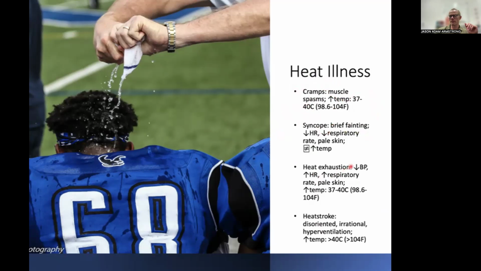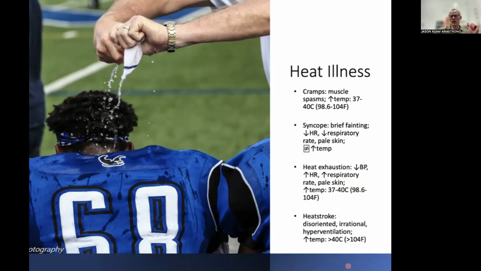Syncope is just a brief fainting episode, might be just severe lightheadedness. With syncope, you typically see decreased heart rate, decreased respiratory rate, pale skin, but no significant increase in core body temperature. With heat exhaustion, we see decreased blood pressure, increased heart rate, increased respiratory rate, pale skin, and an increase in core body temperature beyond that 98.6, which is typical. So just anything above that.